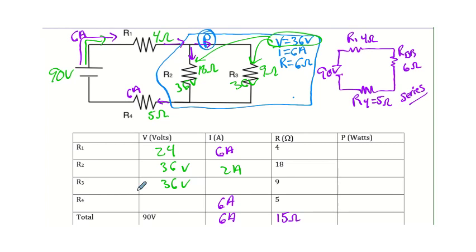What's my current in R3 going to be? It's going to be 36 divided by 9, which is going to be 4 amps. And R4 is going to be the 6 amps times the 5 ohms, which is going to be 30 volts.